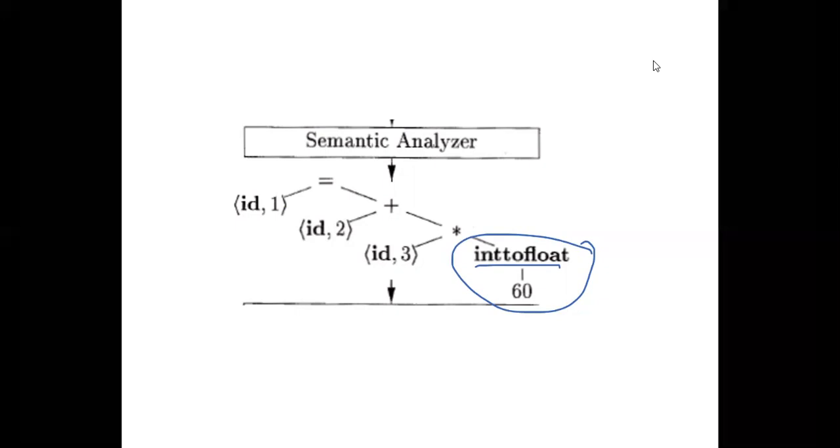So this is the semantically augmented syntax tree. This is your semantic analyzer. In the semantic analysis, all type checking has been done, and all the words of that program are according to the language specifications.